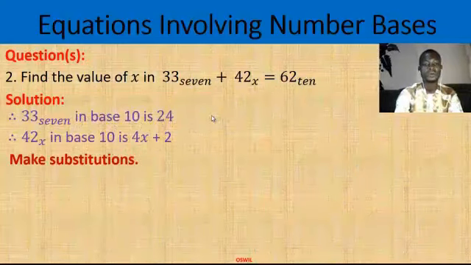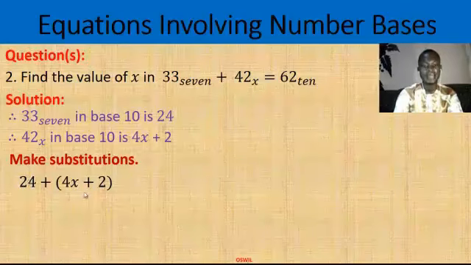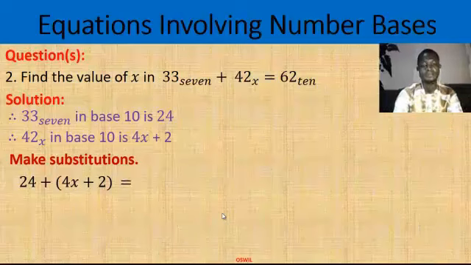So, in place of 3 base 7, we put in 24. Then we bring our plus sign, and in place of 4 2 base x, we put in 4x plus 2. Then the next thing is to bring the equal to sign.